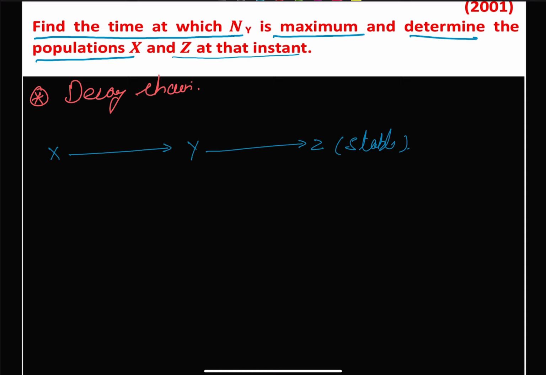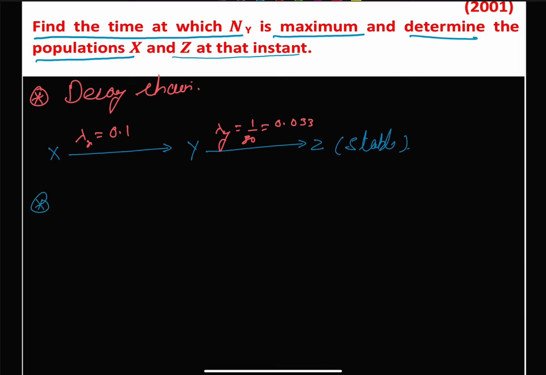And we are given that for the first part lambda of X is 0.1 per second and lambda Y is 1/30, which will be approximately equal to 0.033 per second. And initially it is said that only X is present.